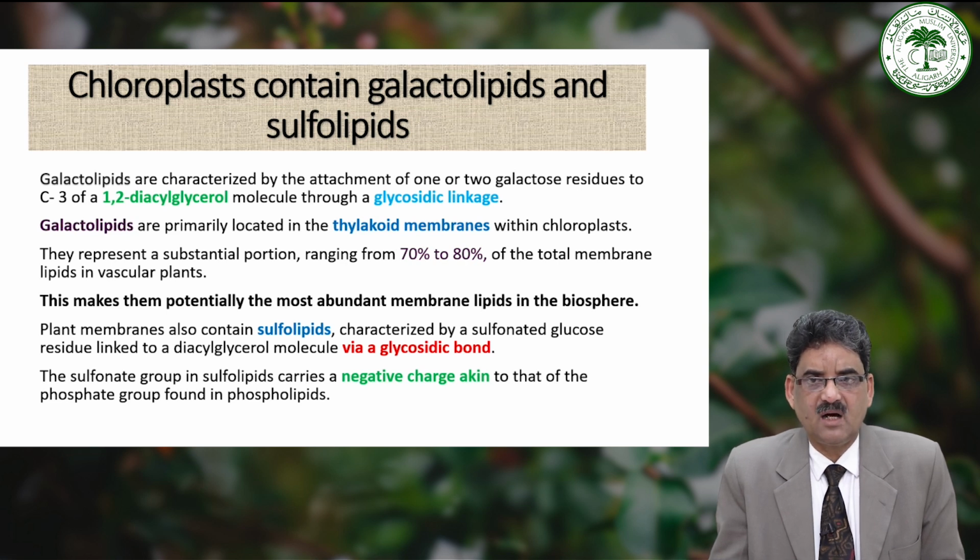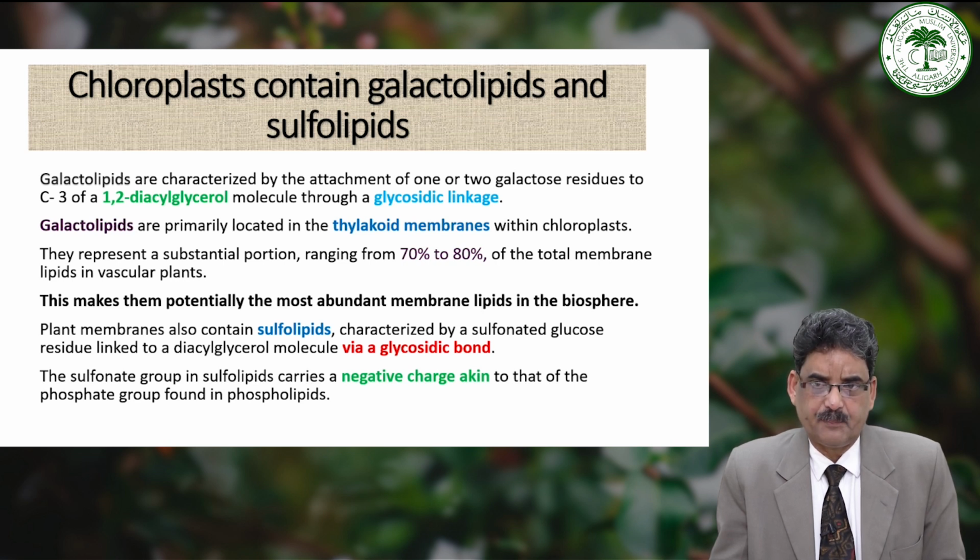The second group of membrane lipids are those that predominate in plant cells, the galactolipids, in which one or two galactose residues are connected by a glycosidic linkage to C3 of a 1,2-diacylglycerol.